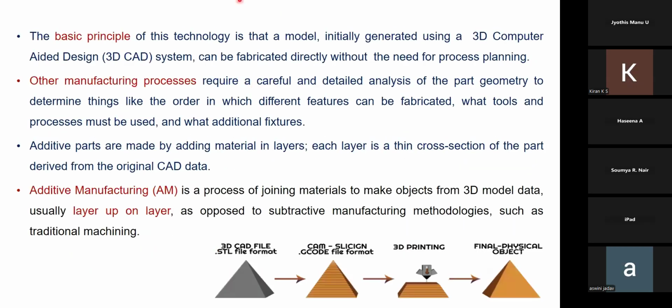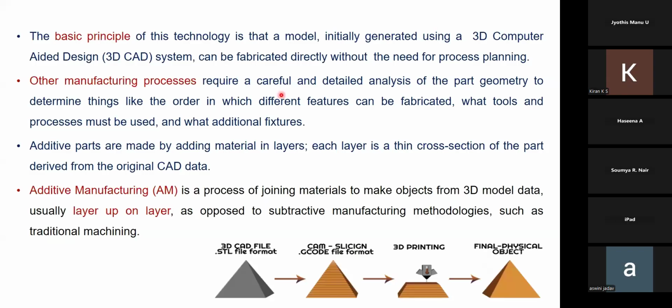So as said already, the basic principle of this technology is that a model is initially generated using 3D computer aided design, right? So the prerequisite for making your part is 3D CAD data. The CAD data can be obtained from any of the design software, maybe SolidWorks or Pro-E or Unigraphics or CATIA or Solid Edge or Autodesk Inventor.